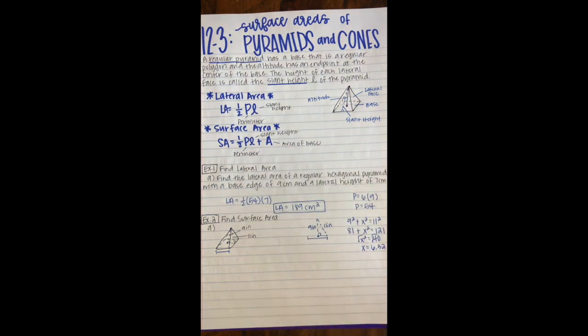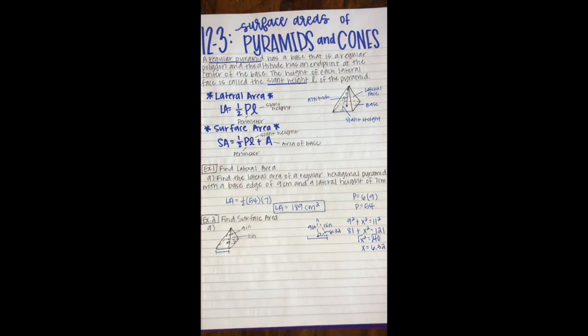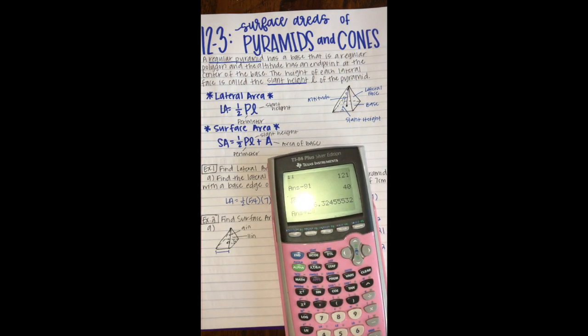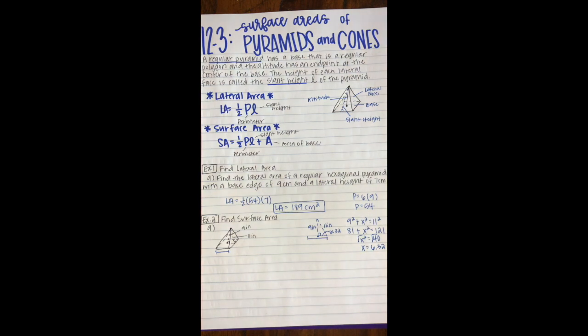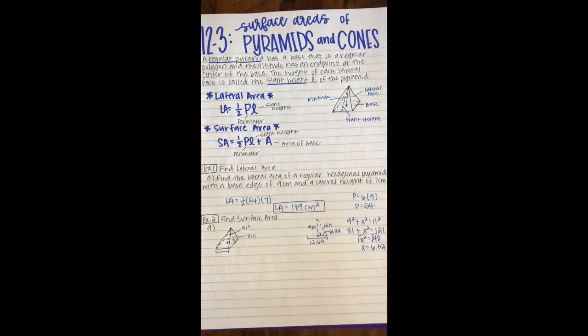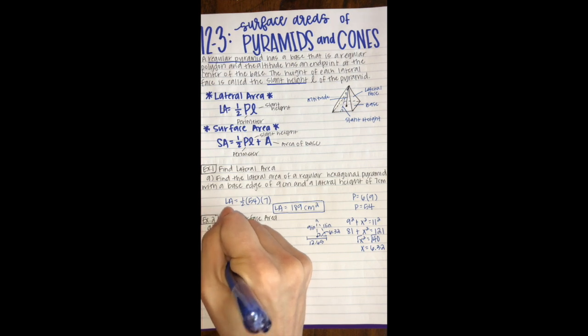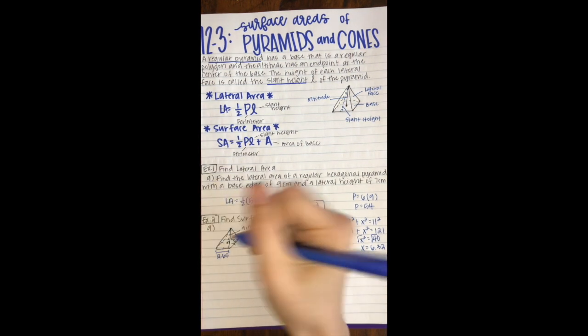So that is this piece right here, 6.32. So we have to double it to get our full length. So 12.65 really. If you have 6.4 because of that number, you could keep that. So 12.65. So the perimeter, all of these are going to be the same because it says it's regular.